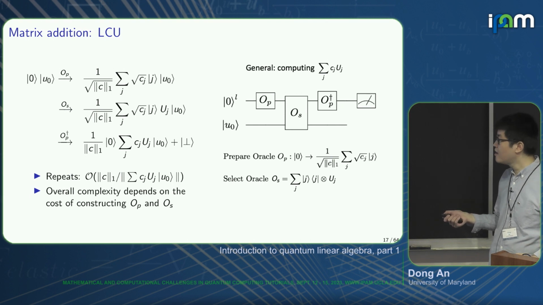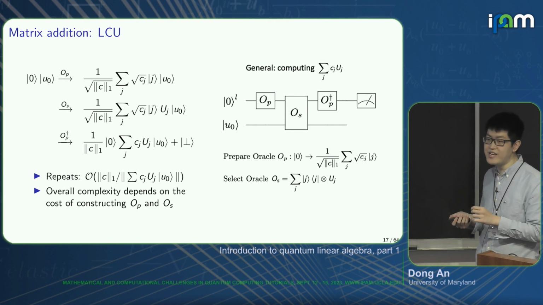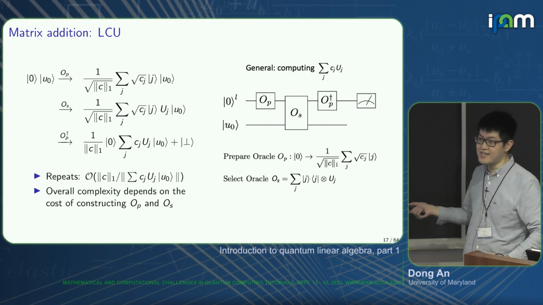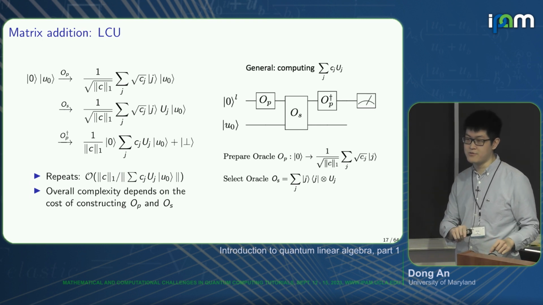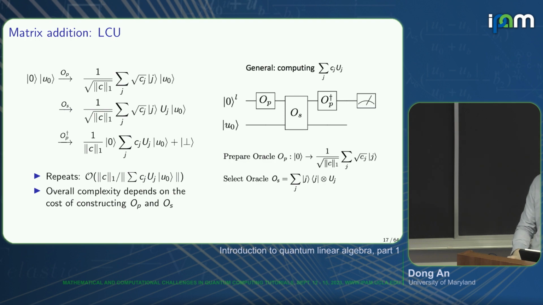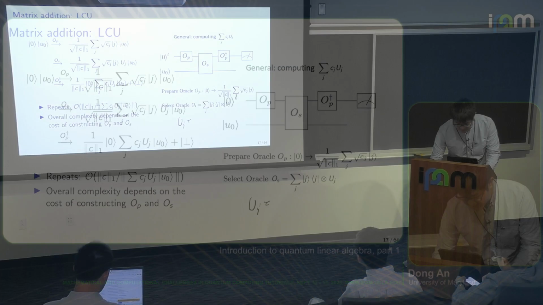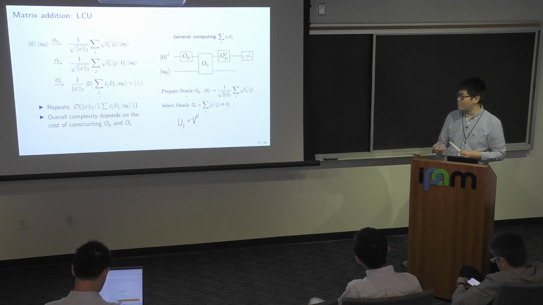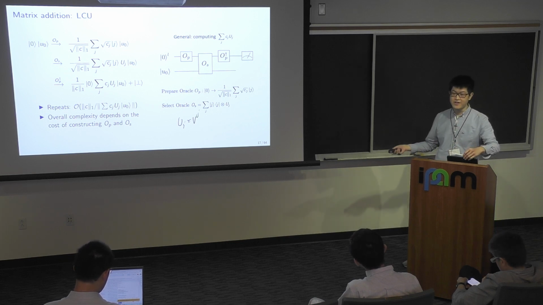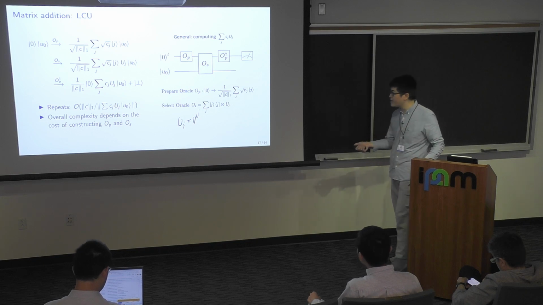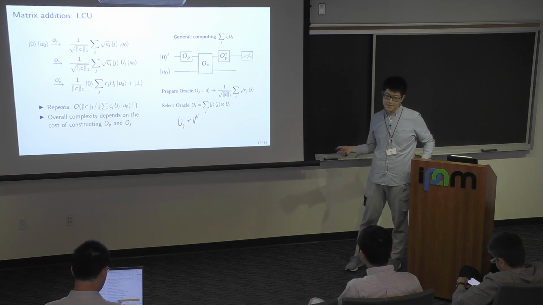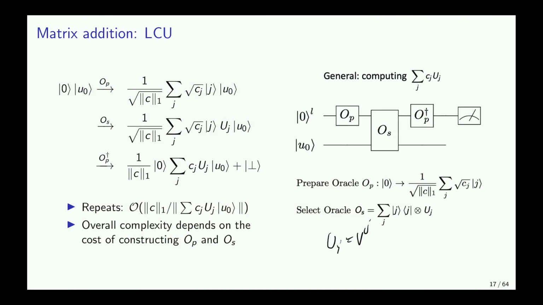That is, for example, if all of these unitaries have some relations. For example, if uj is the power of a single unitary, let's say uj is v to the power j, where v is another efficiently constructed unitary, then this select oracle can be much easier, because you can use a binary representation of this power j and then apply your control logic according to that binary representation.